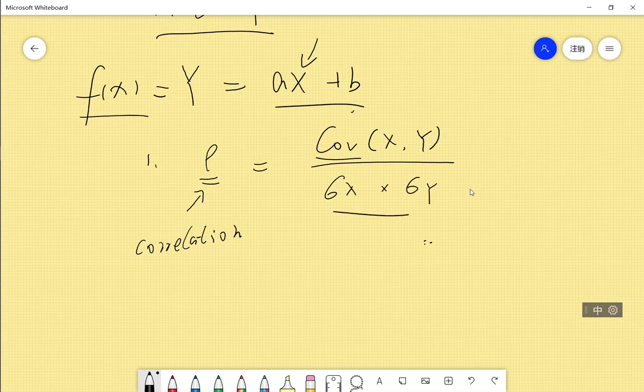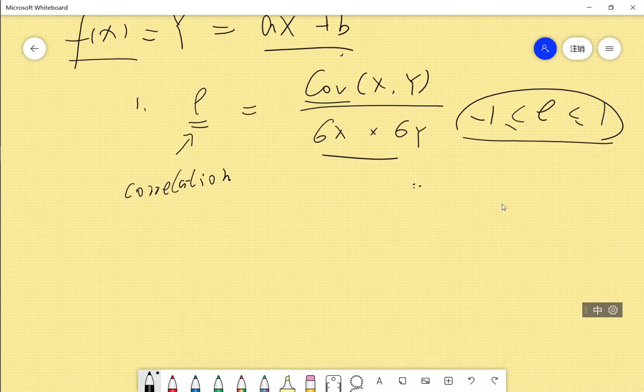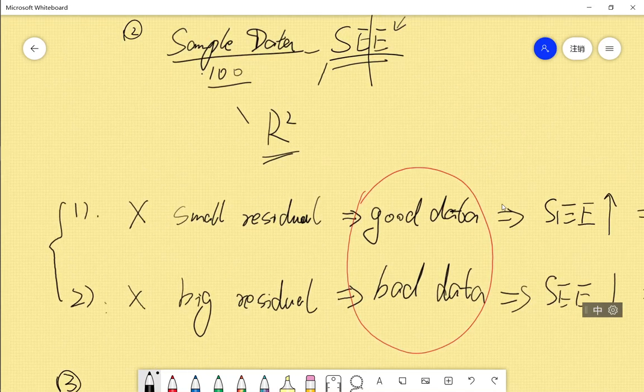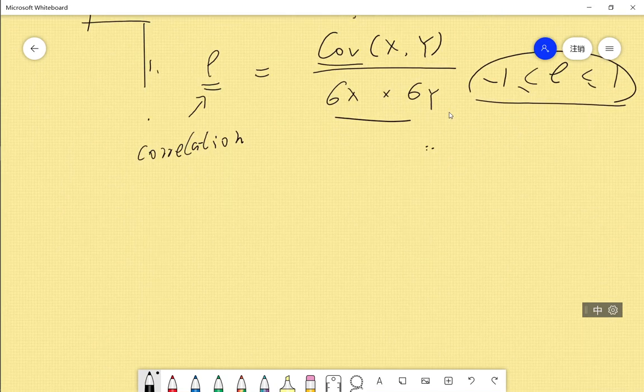Of course, the correlation can range between 1 and -1. You can use the basic method, and of course you can use a different method, which is from the perspective of R square. So let me give you how to do that with R square.